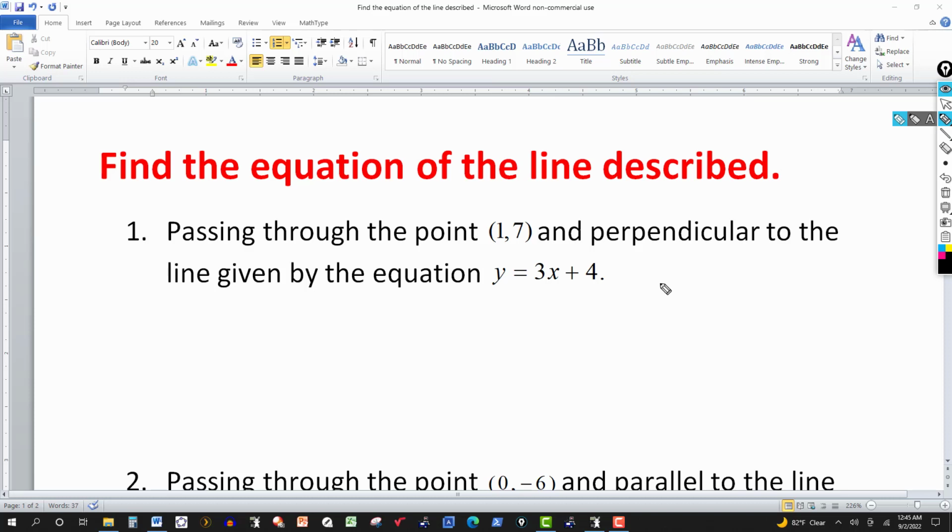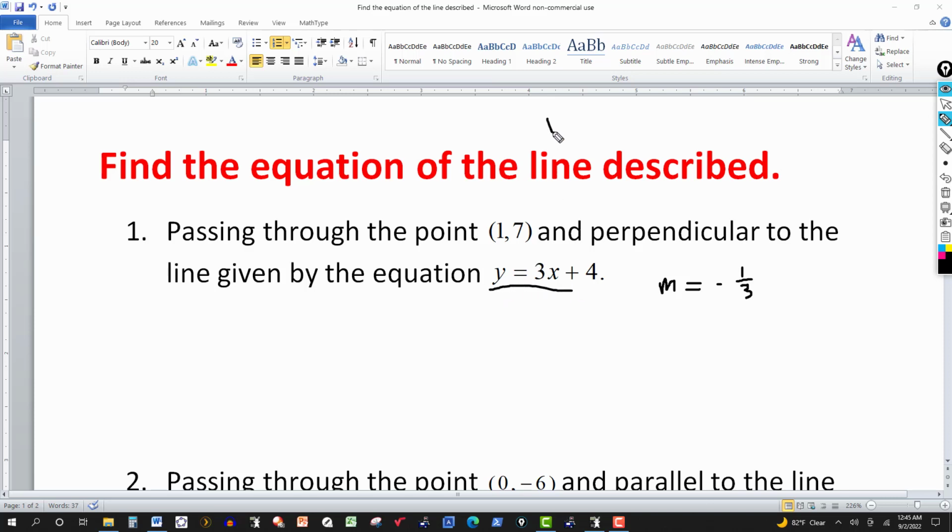So what you need to know here is that if two lines are perpendicular, their slopes are negative reciprocals of each other. That is, if you multiply them out, you get -1. So just take the negative reciprocal of 3. This is in your slope-intercept form.